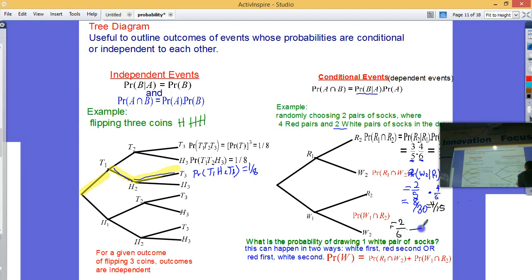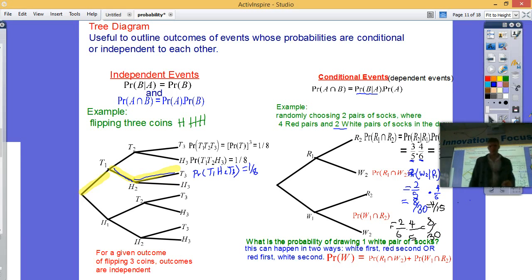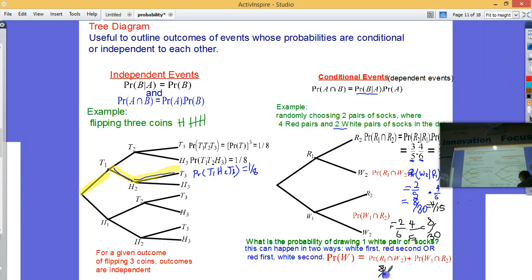And then we've got 4 reds out of 5, which is 8 out of 30, or 4 out of 15. And so what we would end up with then, probability of white, is adding those 2 together. One plus the other, and it'll give you 8 out of 15.